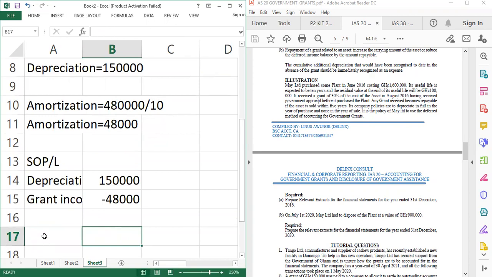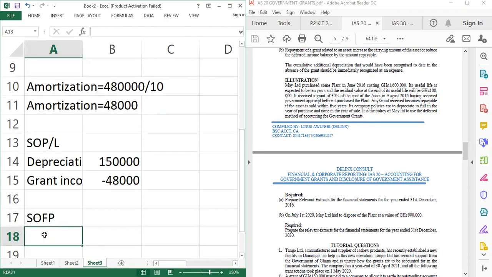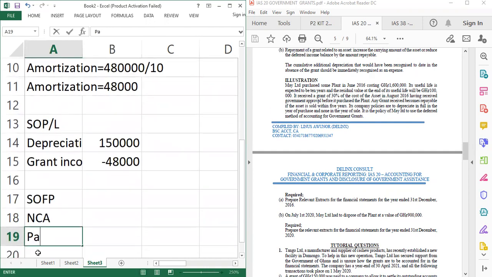Let's come to the statement of financial position. We have non-current assets, plants.